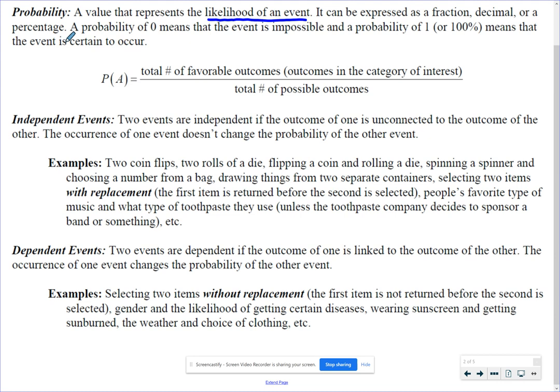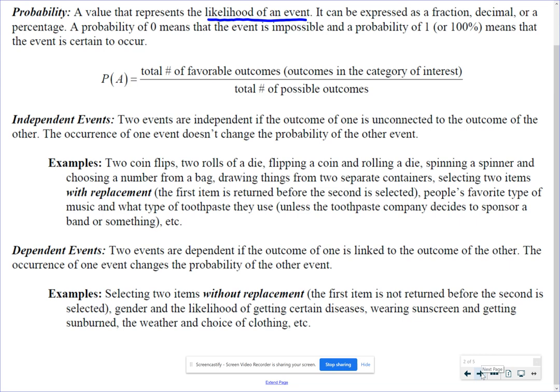For instance, if you have a bag that has blue and green marbles, if you draw a green marble and you don't replace it, the probability of drawing another green changes on the second draw. So selecting two items, first not returned, so we say without replacement. Okay, dependent events. And you can, again, read the rest of that.